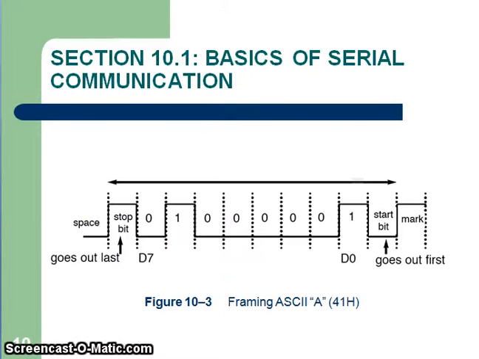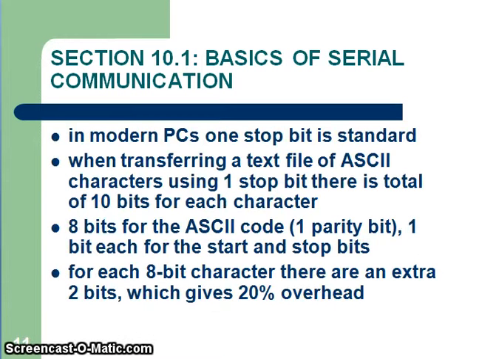Now, when you're looking at the diagram, we have the mark and the start bit, always 0. Then 8-bit data is transferred. Then a stop bit, always high, goes at the last. In modern PCs, one stop bit is standard.